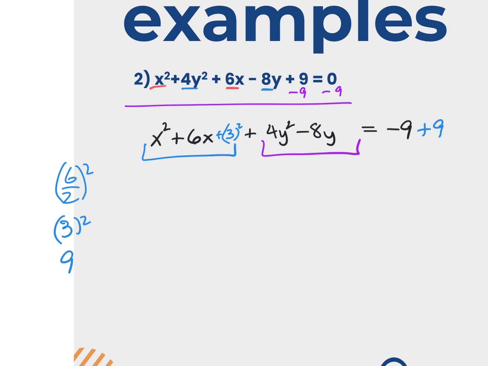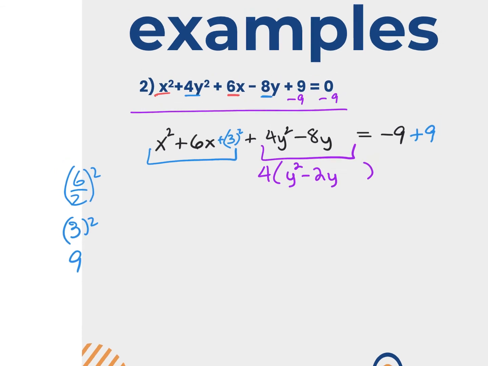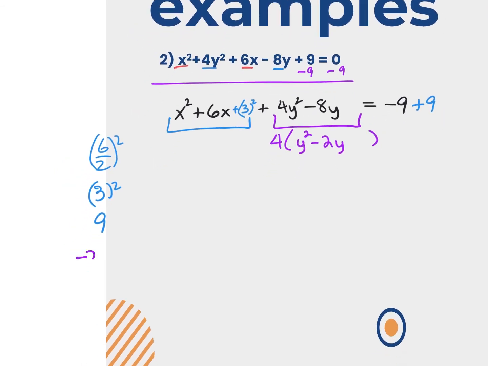Now I'm going to do the same thing for the purple. However, for the purple, there is a number in front of y squared. So I need to factor out the 4 first. So then it becomes y squared minus 2y, and I'm going to leave a blank space. So now I take the b term, which is negative 2, divide it by 2, and square it.